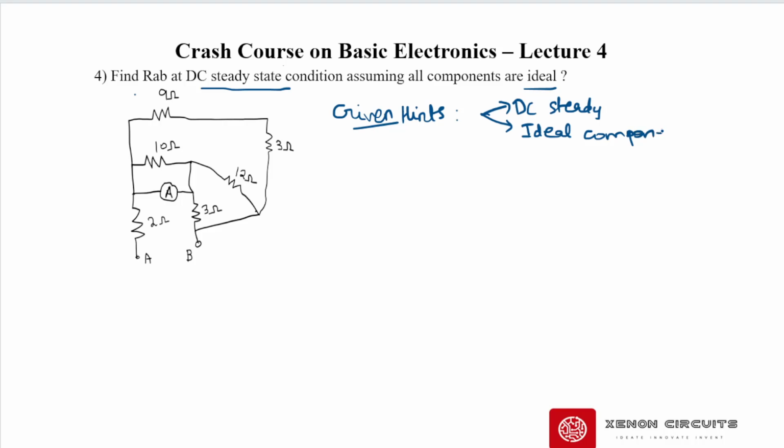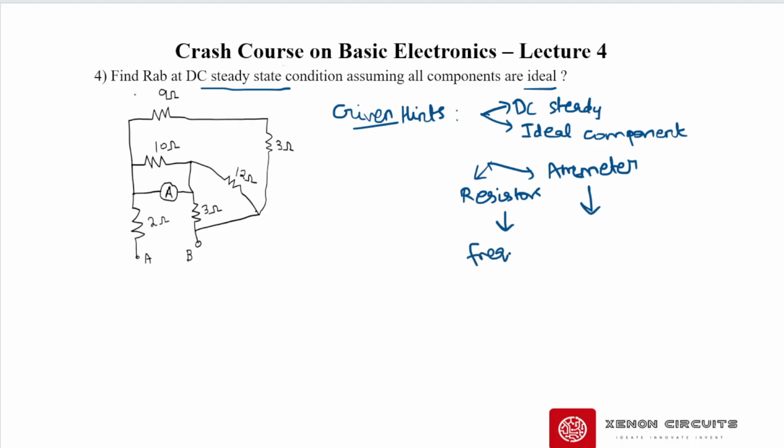First let's look at the network provided in the question. The elements used in this network are resistors and ammeters, right? We know that resistors in DC steady state condition or in AC condition won't change much as they are frequency independent.